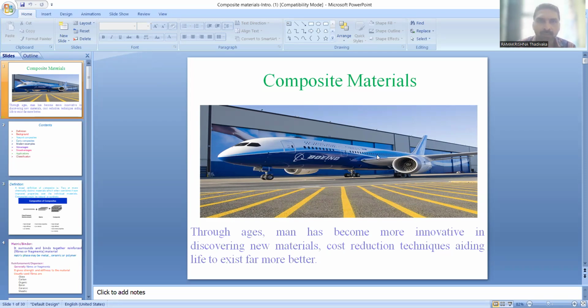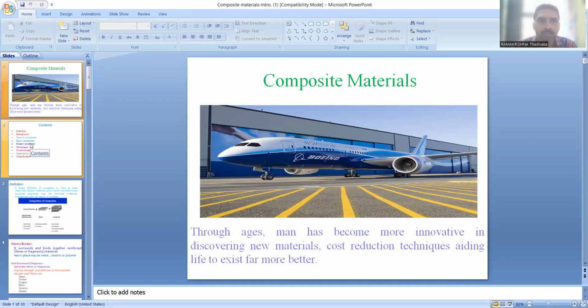Today, we have to discuss composite materials. Composite material means the combination of two or more phases. Already, we have some idea about composite materials. Before going to composite materials, let us discuss the contents.